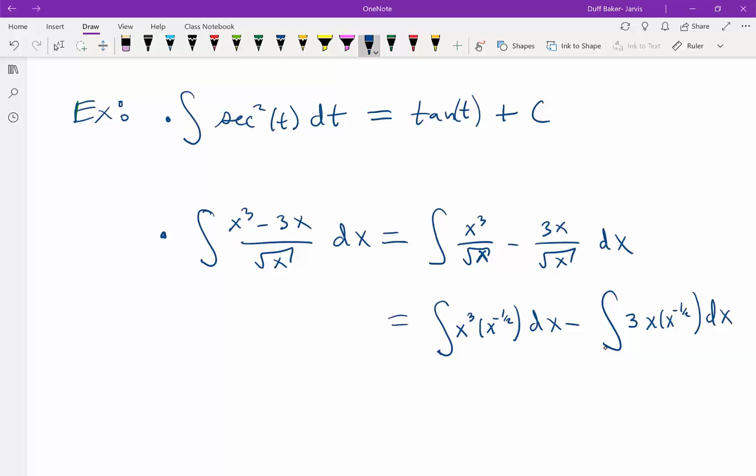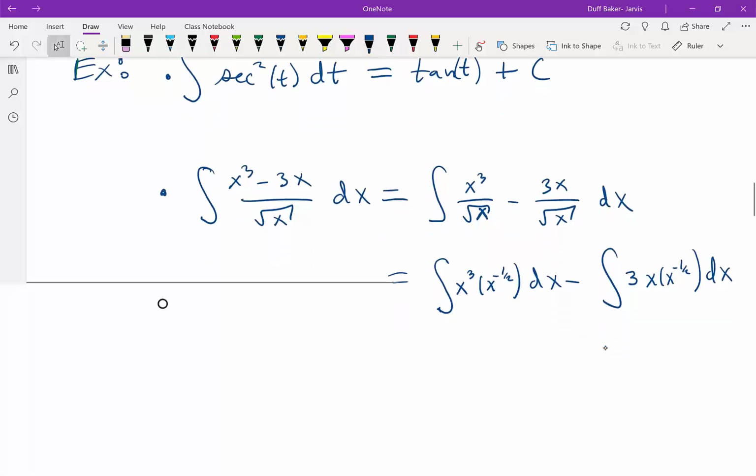Okay. And if we combine the powers then, so it'd be 6 5/2 x to the 5/2 minus 3x to the 1/2.